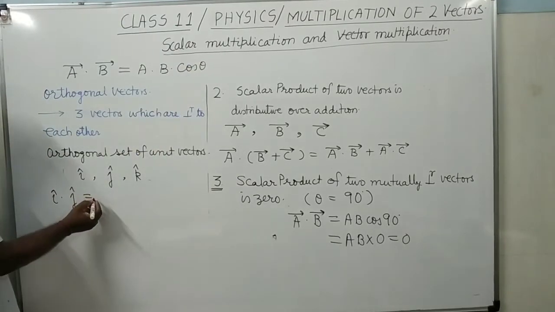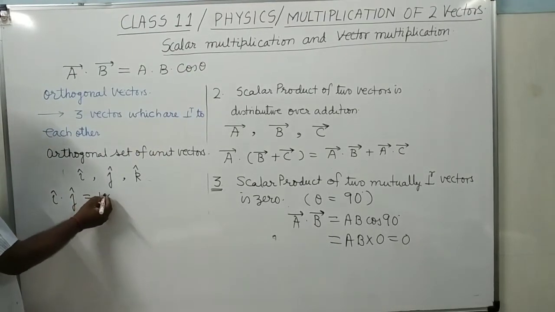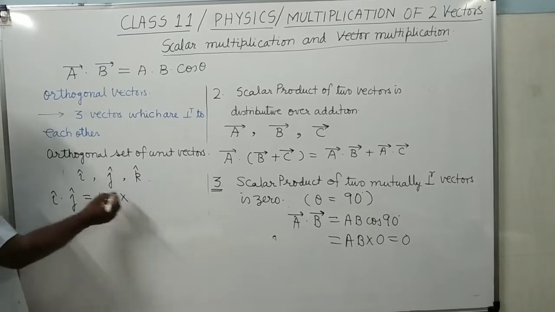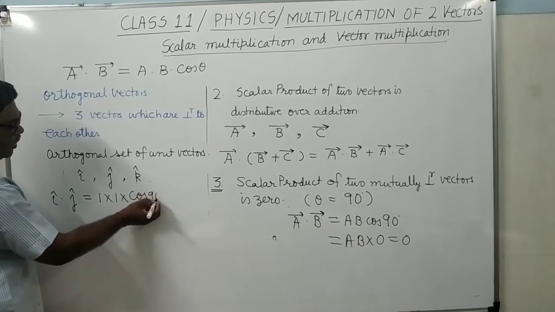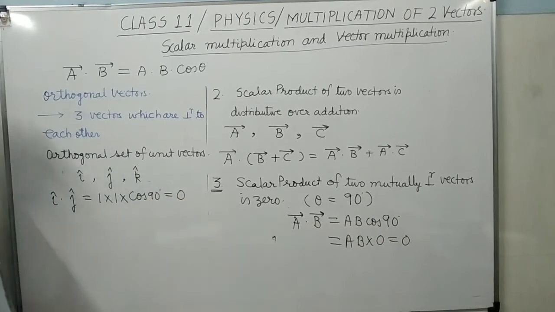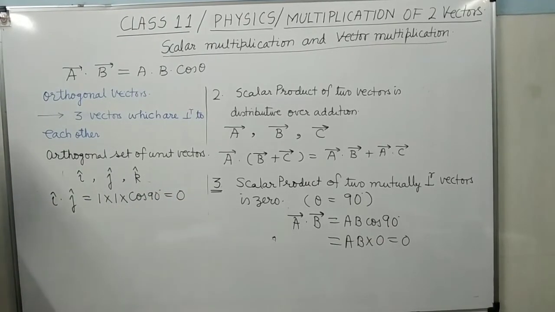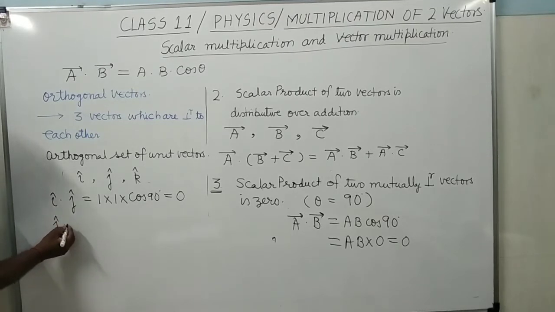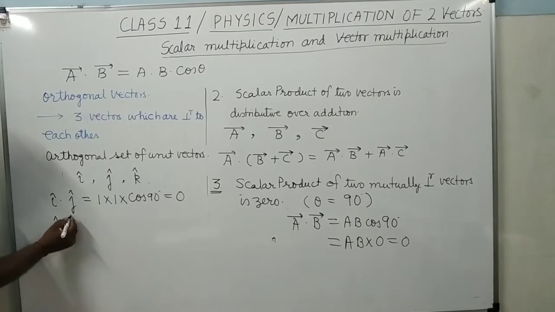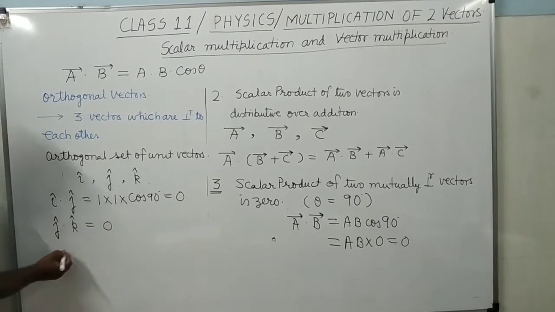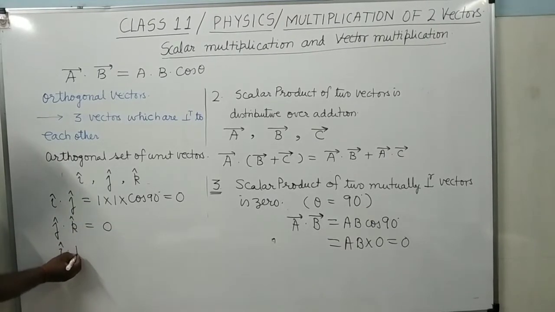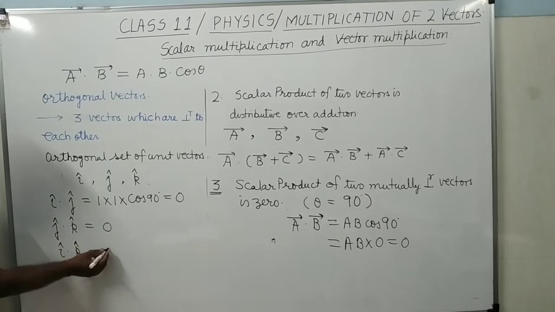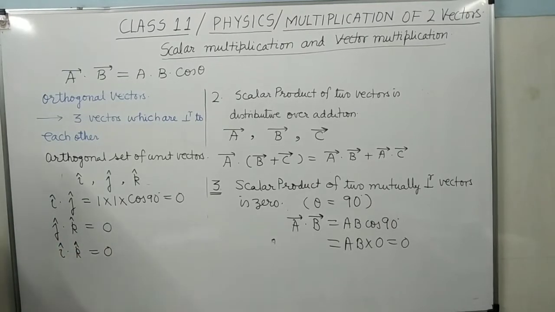What is the magnitude of unit vector I? 1 into 1 into cos of the angle between them, 90 degree, that equals 0. Unit vector I dot unit vector J equals 0. Similarly, unit vector J dot unit vector K will be equal to 0. Similarly, unit vector I dot unit vector K will also be 0. It is clear?